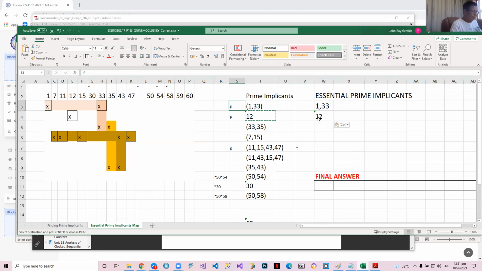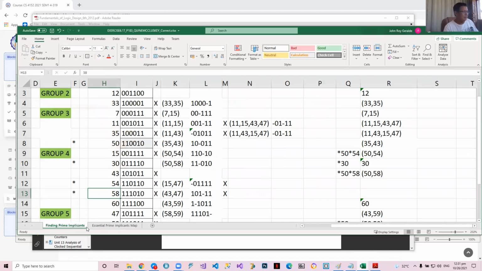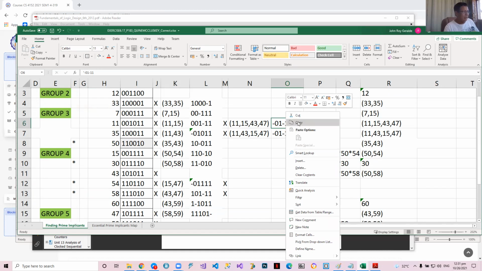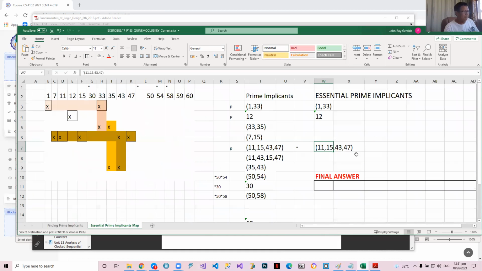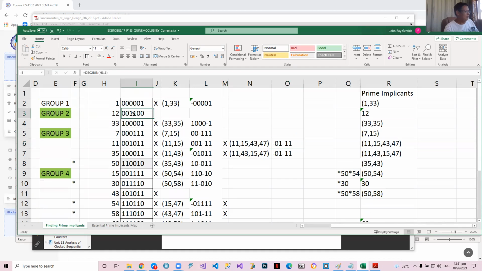Kopyahin ko na lang, no? Okay, let's go back to this. Okay, we'll copy this because this is an essential prime implicant. Okay. And it will include, mapadali na tayo matapos, no? And then, what's 12? 12.